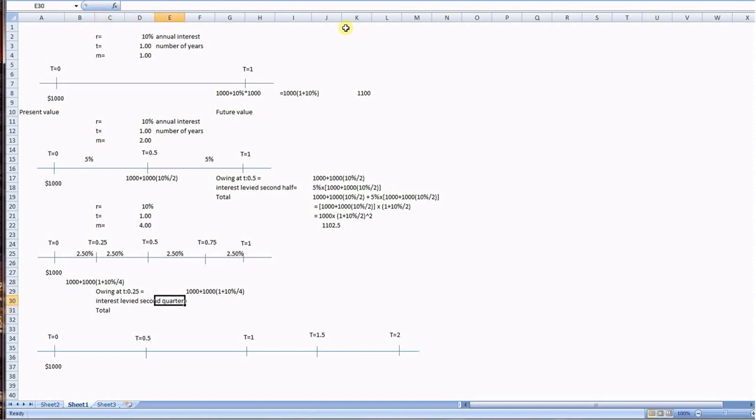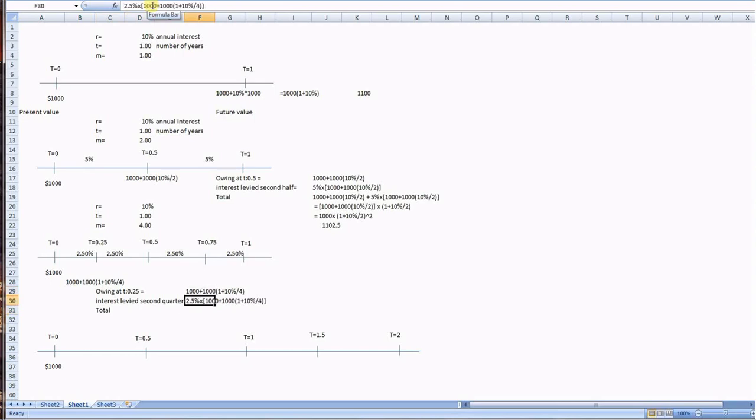This will be 2.5% of the interest plus principal owing as at t equal to 0.25. So it should be 2.5% multiplied by this full amount. Okay, and the total will be this plus this.